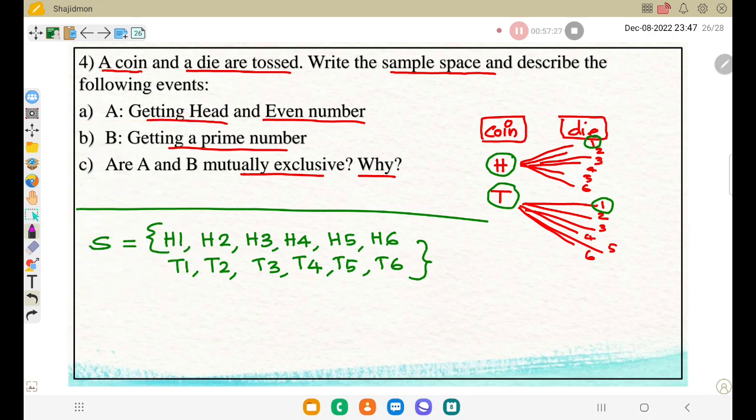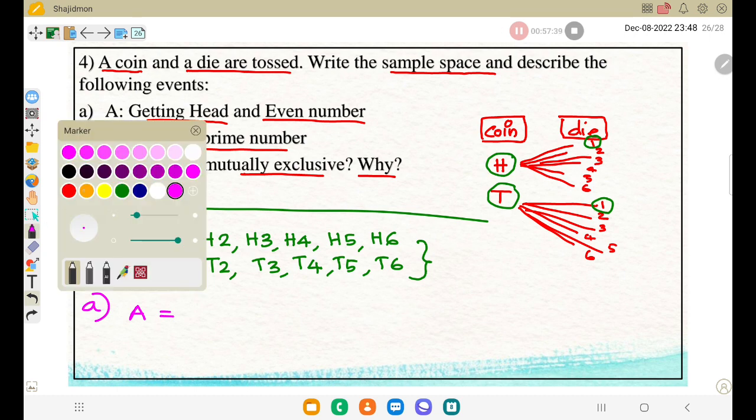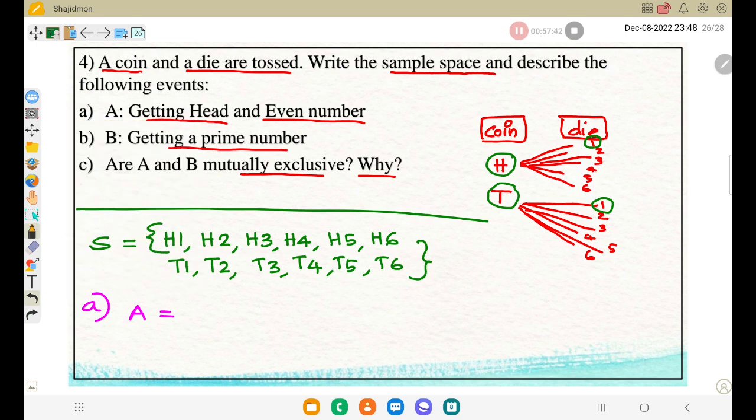Now we will answer the first part of the question, the A part. Capital A means, what is the event A? Getting a head and an even number. It should be a head and an even number. That means the coin should show head and the die will show an even number. So for example, H2, head and even number.